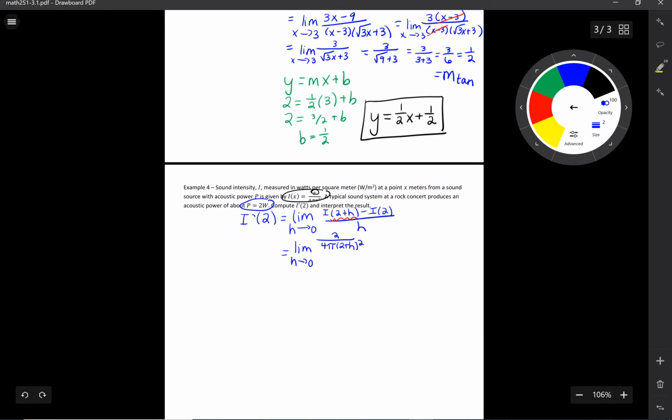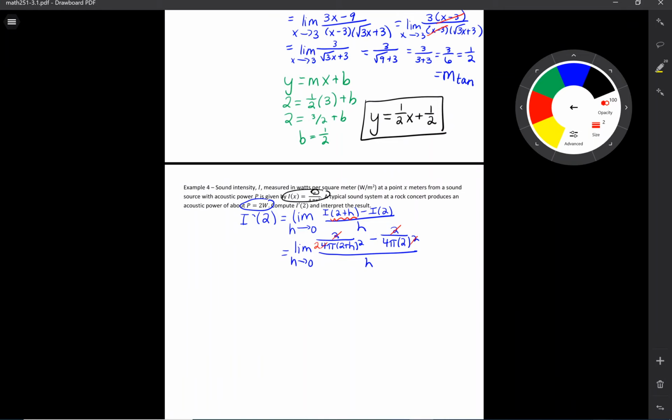This is I of 2 plus h, minus I of 2, that's just 2 over 4 pi times 2 squared, all of this over h. Okay, well this simplifies a little bit. I'm going to cancel this 2 with one of these, and I'm also going to cancel this 2 with this 4 here, and I'll be left with 2 here.